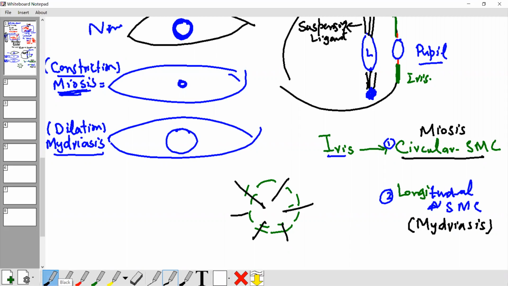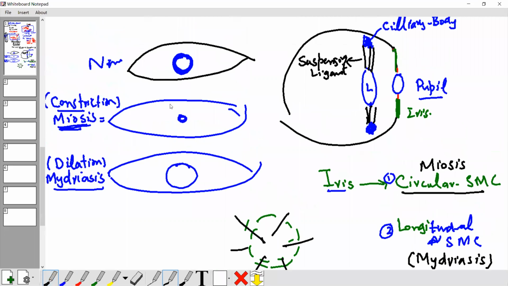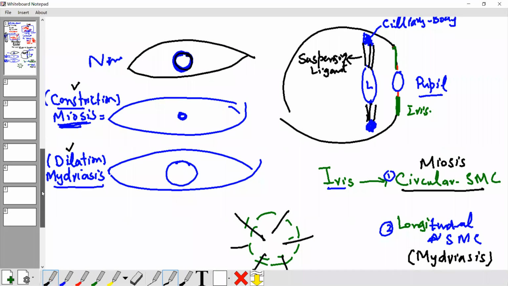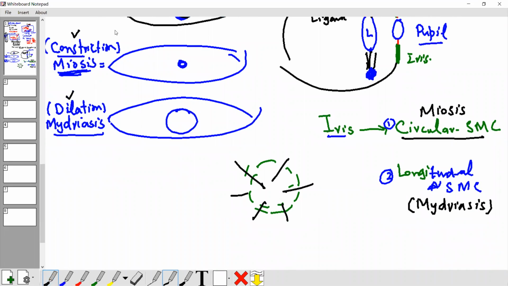What does the parasympathetic system do inside the eye? In the eye, the pupil size changes. Pupil size can be decreased or increased. How does this happen? The iris has two types of muscle, circular muscle and longitudinal muscle.